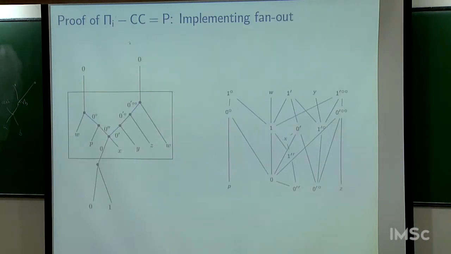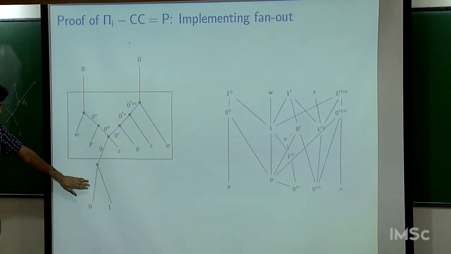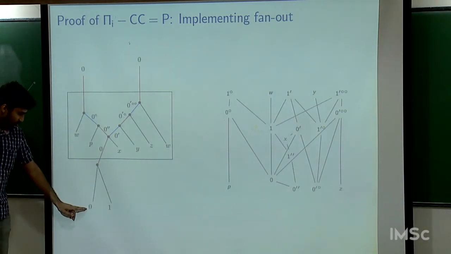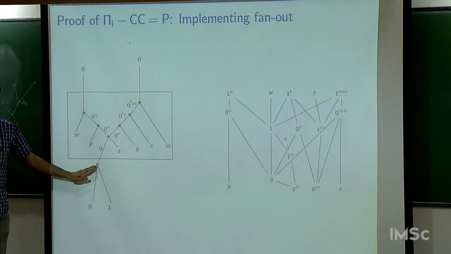Right. So I'll just sketch the ideas of this theorem, pi I CC equal to P. So just look outside the box. The red wires are AND output wires, and blue wires are OR output wires. So we are computing 0 and 1, right?